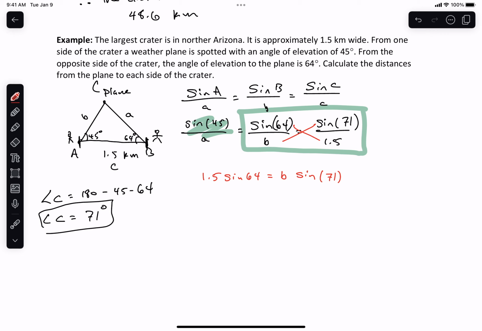And then to get B by itself, I would just divide both sides by sine 71. Why do we just get rid of the A? Because I'm not going to do too much at once. I'm just looking for one thing at a time. I'm going to do the exact same work to solve for A in a second.